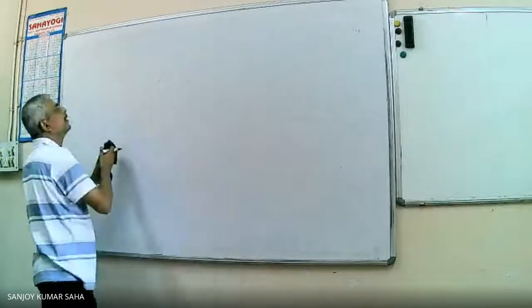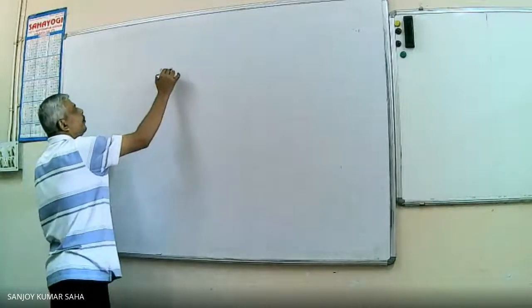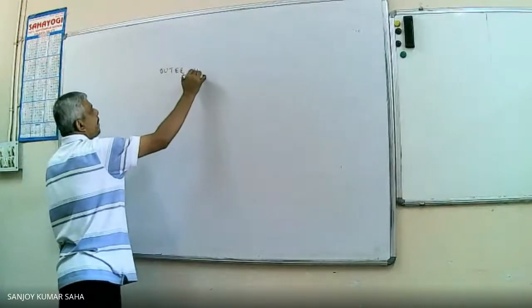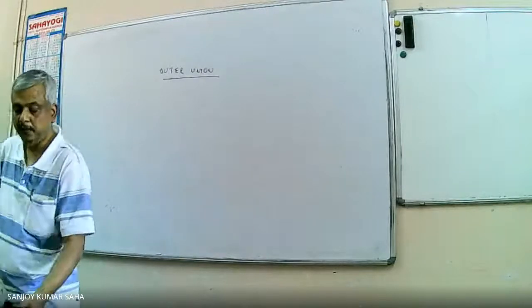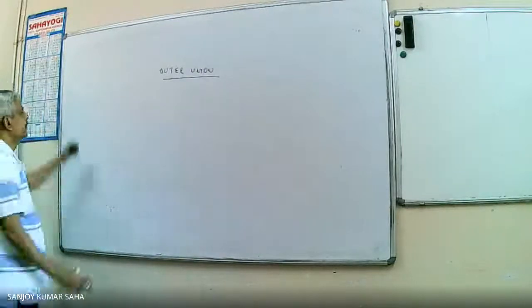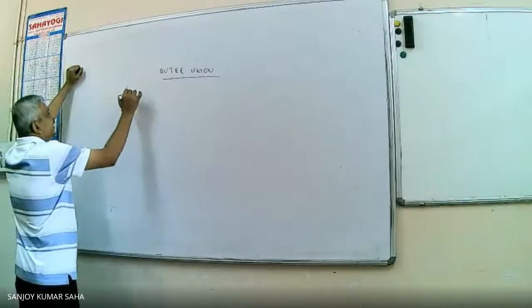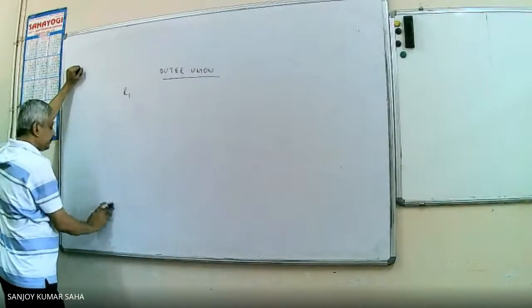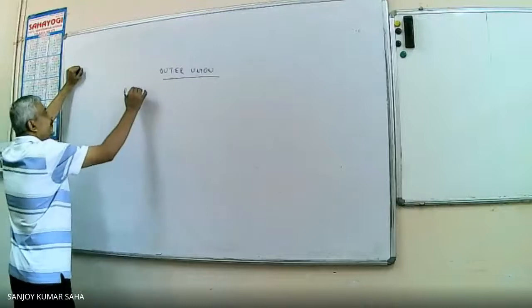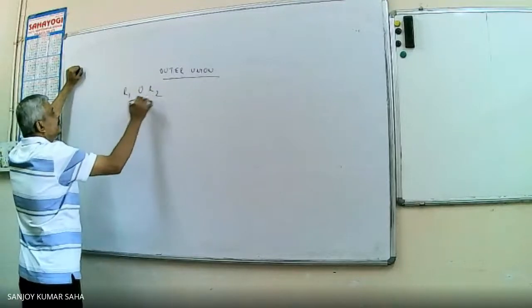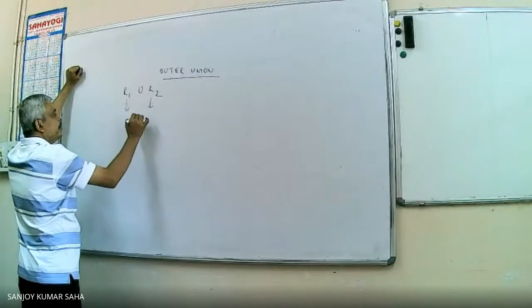Now we'll discuss outer union. As we have talked about, say R1 union R2, they must be union compatible.